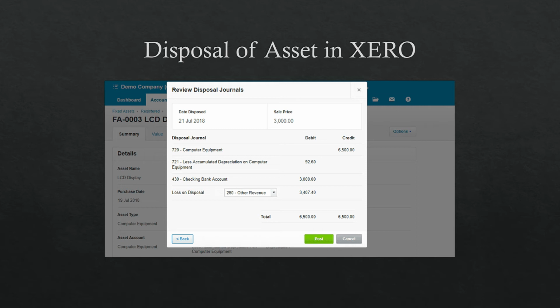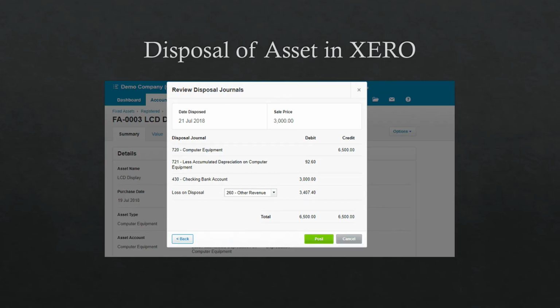Now, it is important to note that this is a journalization of it, and the journal is basically an important representation of what is happening. We see that the 6,500 is on the credit side, which means that we're taking it out, because normally the asset account is a debit account.